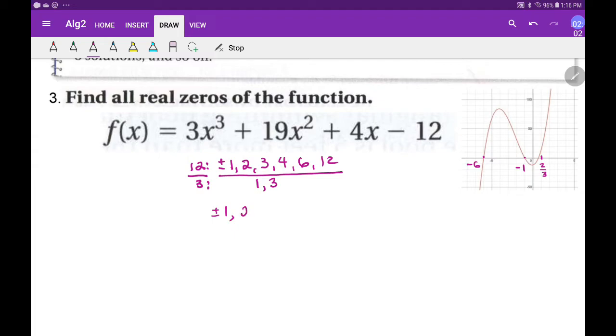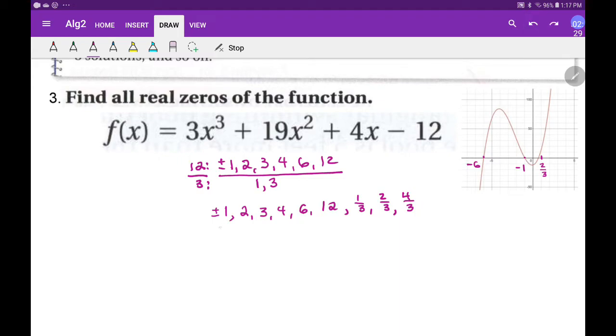I'm just going to write it one time, but I mean it for everybody. 1 over 1, 2 over 1, 3 over 1, 4 over 1, 6 over 1, 12 over 1, and then over 3. So I have 1/3, and 2 over 3. And 3 over 3, but I already have 1, so 4 over 3, 6 over 3, but I already have 2, and 12 over 3, I don't need that.